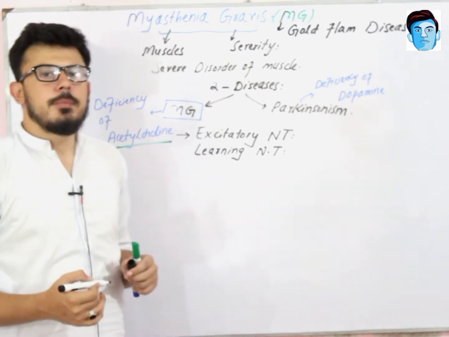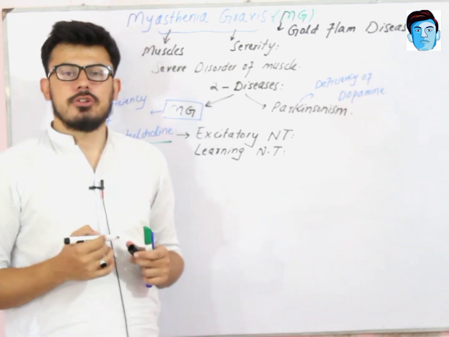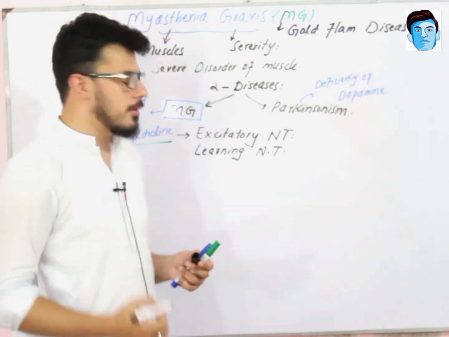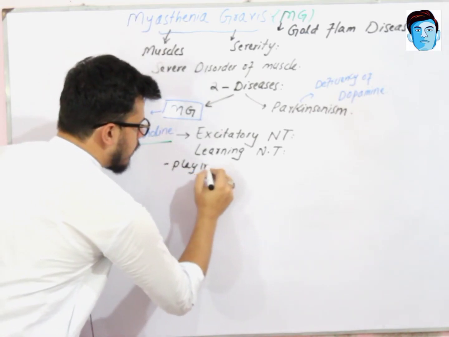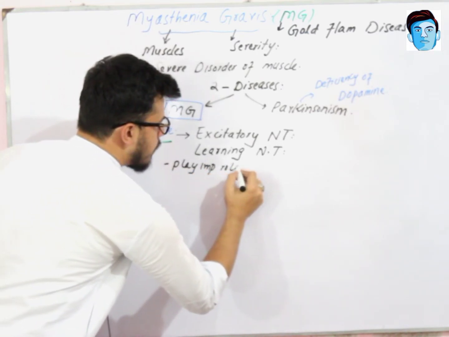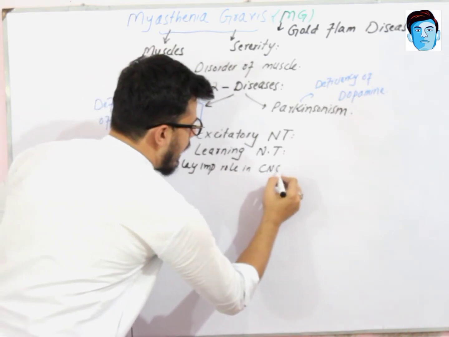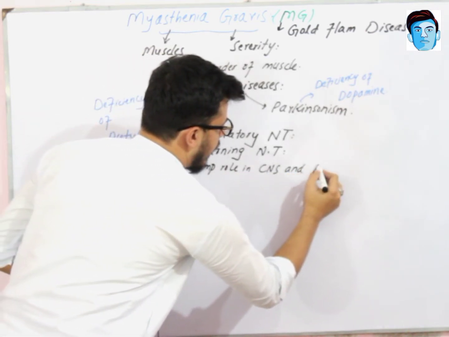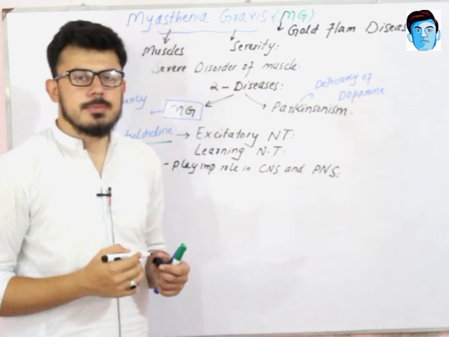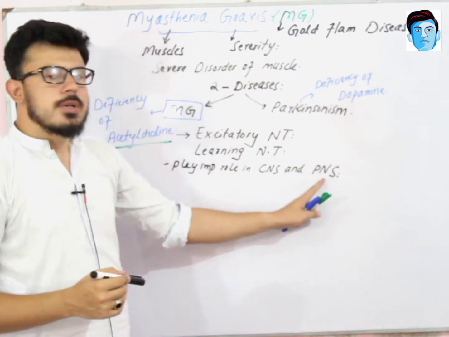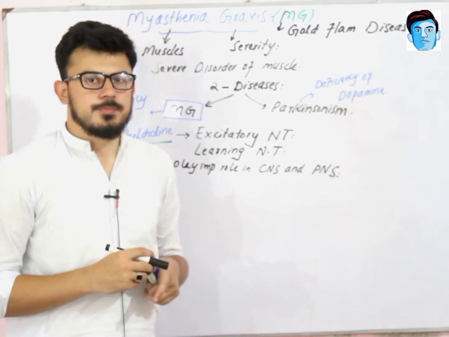Now acetylcholine plays a very important role in the central nervous system and peripheral nervous system. As you know, the central nervous system consists of brain and spinal cord, while the peripheral nervous system consists of nerves.